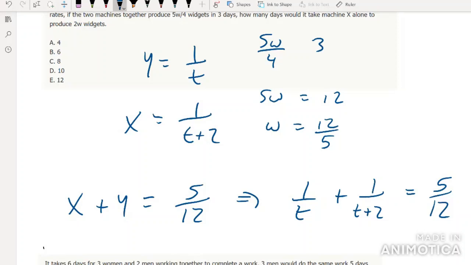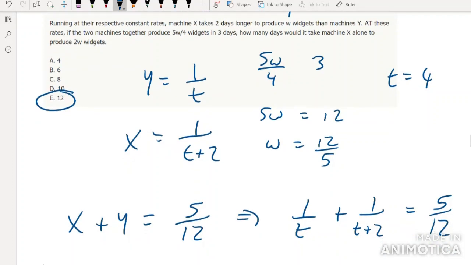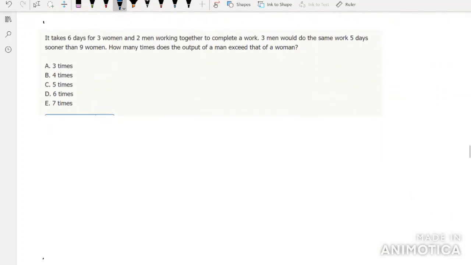So I'm guessing T is going to be 4, because then 4 and 6. Would that work? 1/4 plus 1/6, that's 3/12 plus 2/12, 5. Yeah, okay. T equals 4, and so X has a rate of 1/6. And so how many days would it take to produce 2W widgets? 12 days. Okay, nasty questions.